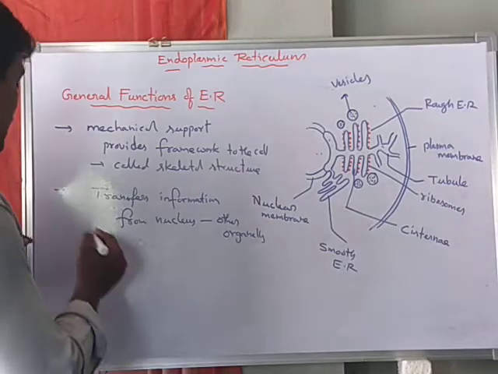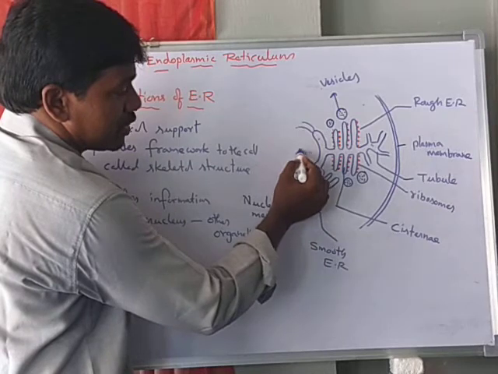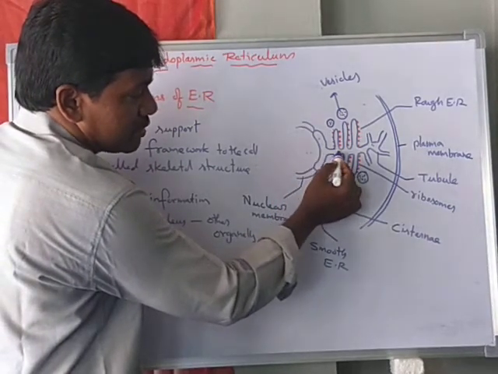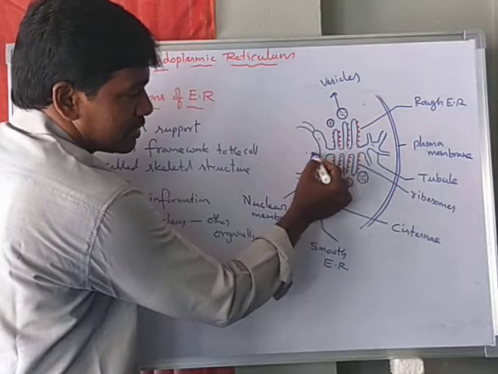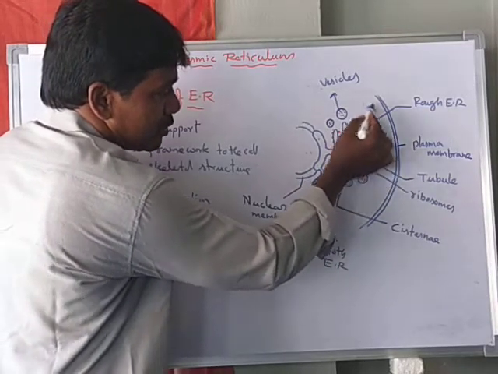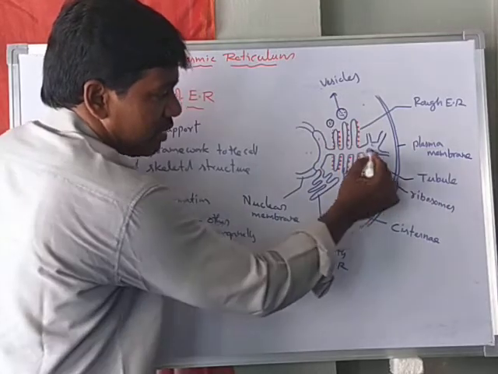Here we see this is the nucleus, and the information of the nucleus is carried by the endoplasmic reticulum. Then the endoplasmic reticulum transports the information to other cell organelles, or outside of the cell.